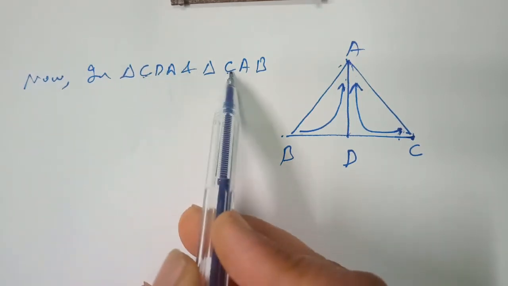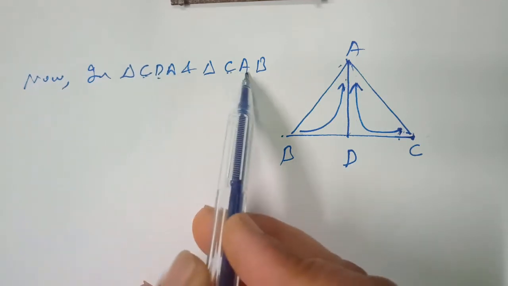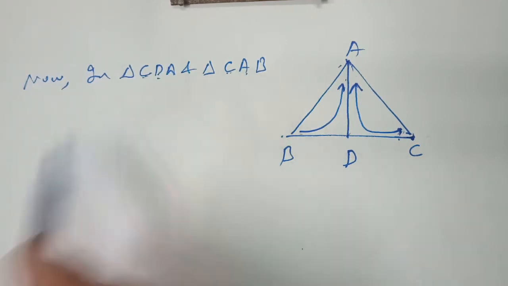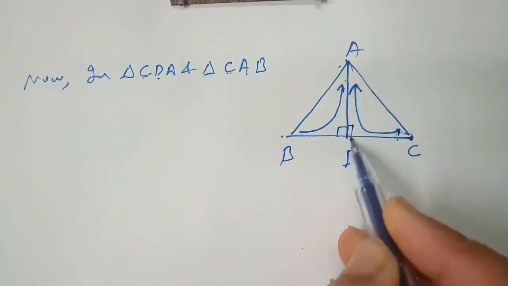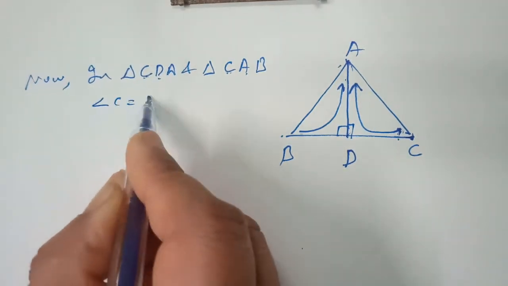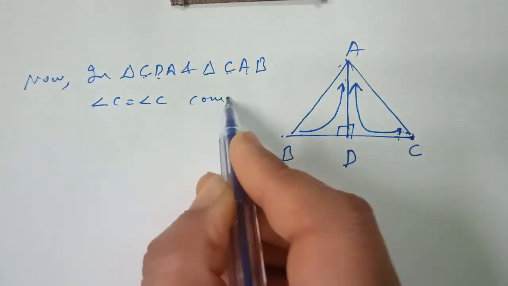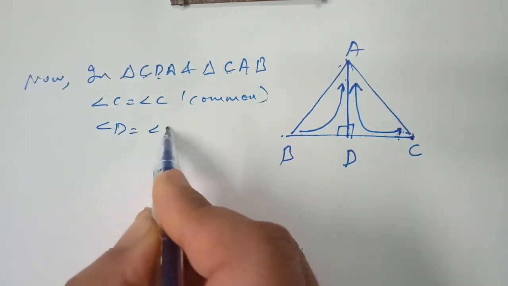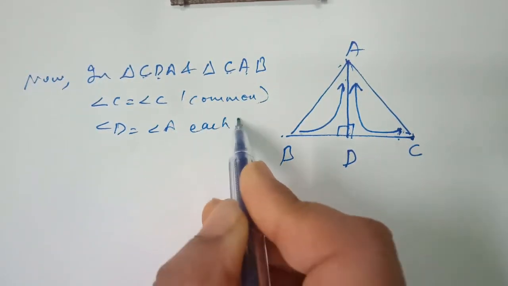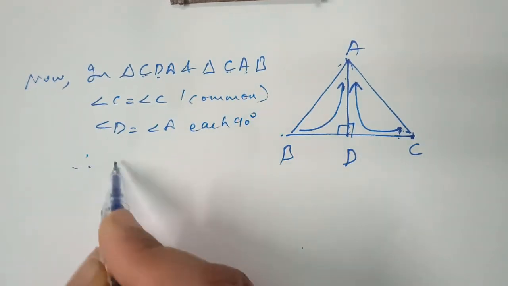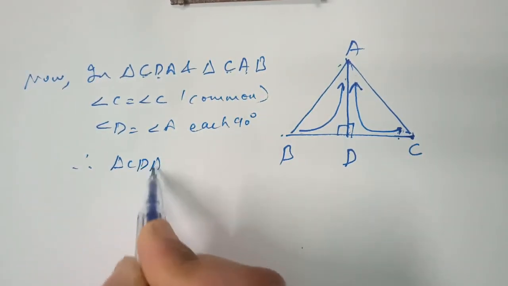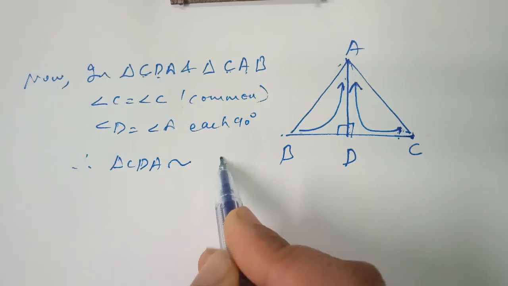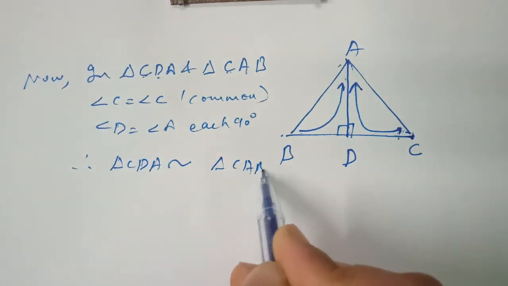Angle C is equal to angle C, common, and angle D is equal to angle A, each 90 degrees. So we can say triangle CDA is similar to triangle CAB.